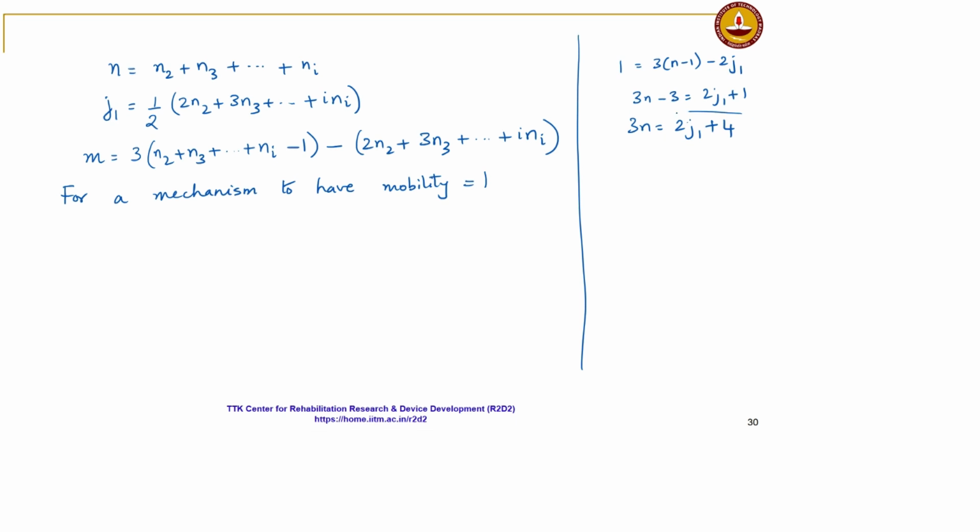So, what kind of a number will this be? If it is a valid linkage, 2j1 plus 4 is an even number, which means n has to be even. This 3n equal to 2j1 plus 4 is called Grubler's criterion.